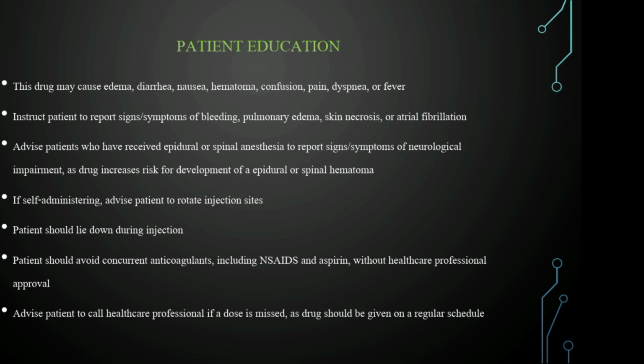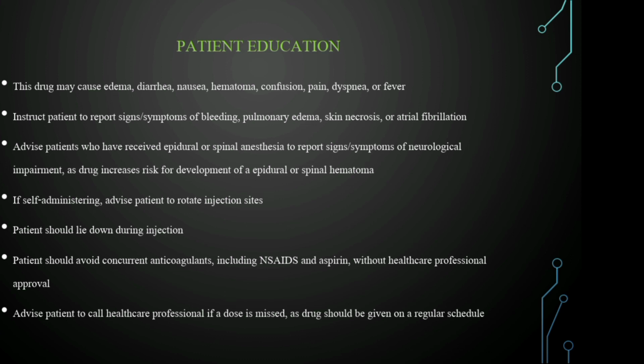So patient education. What we should tell the patient before giving this drug. We have to educate the patient that this drug may cause edema, and I have discussed in the previous slide the side effects like diarrhea, nausea, hematoma, confusion, pain, dyspnea, fever. These are the side effects that will be mostly caused.